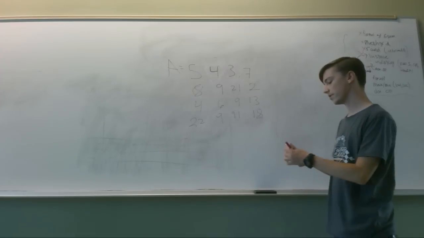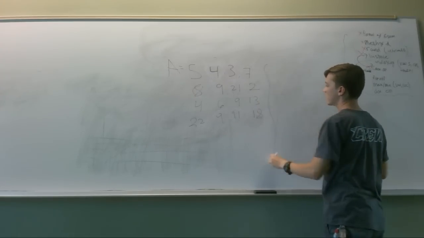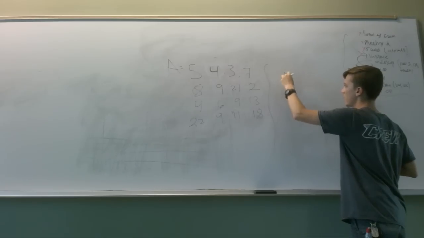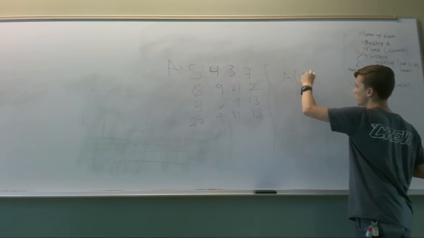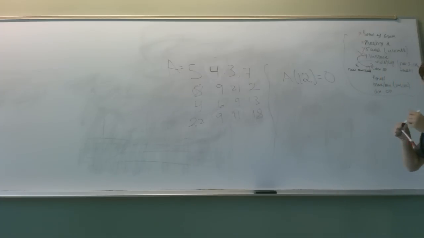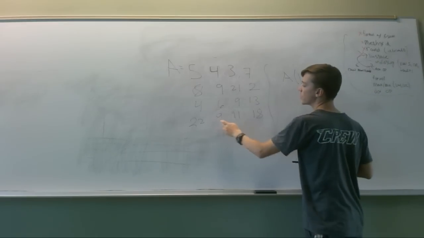Okay, so let's say I say the following command. A of 12 equals 0. What's this going to do? It's going to replace the 12th value of matrix A with 0. Yep. So you count them down, 4, 8, 12.